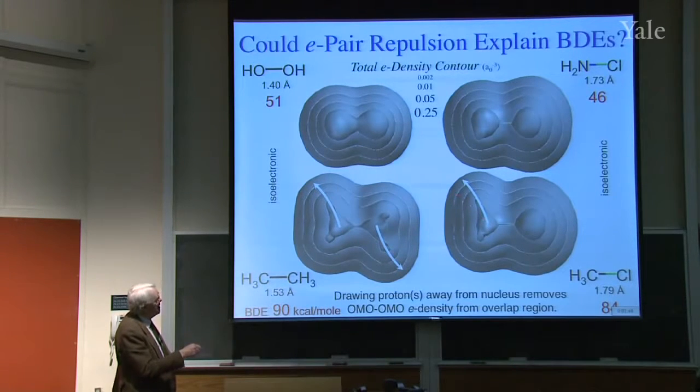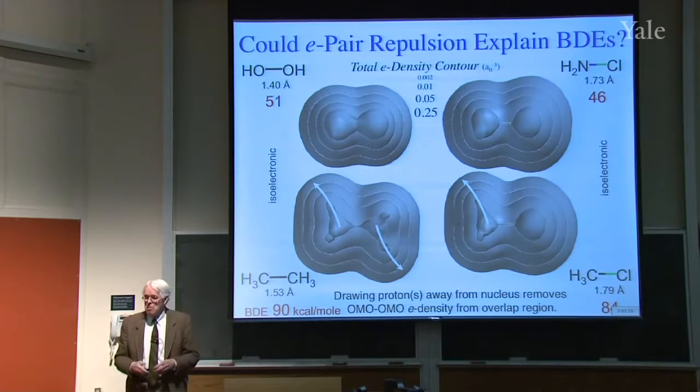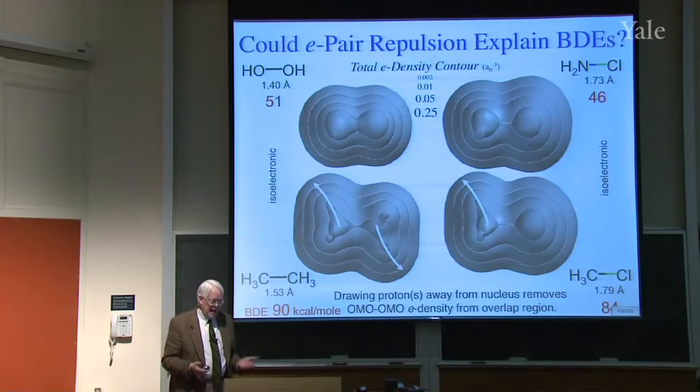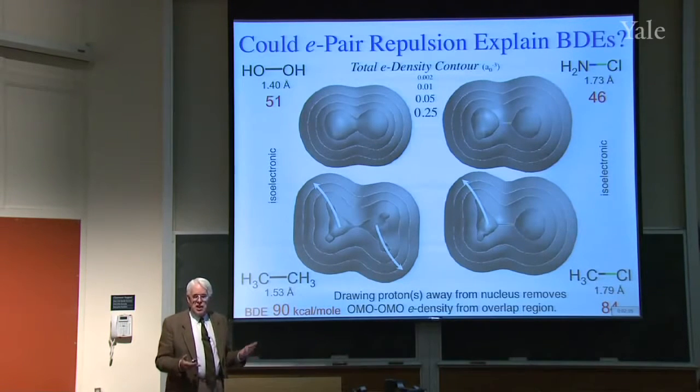And the same thing here. The hydrogen that's pulled out of the nitrogen nucleus and put out here to become CH3 draws these electrons out so that they don't repel one another as much. So that seems a plausible explanation, although it's not quantitative.